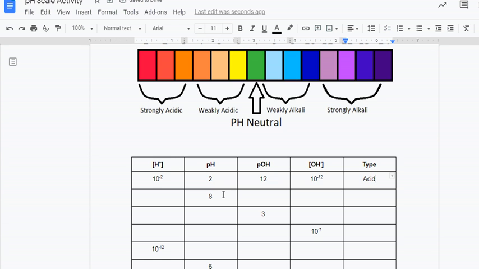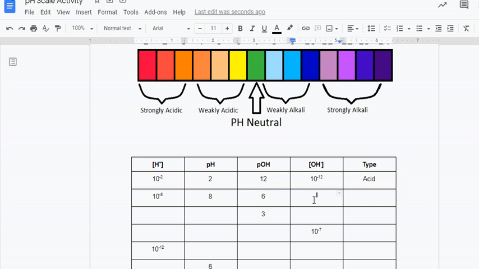Let's try the next one here. A pH of 8. Well, that means my pOH has to be 6. 8 plus 6 is 14. To get my hydrogen ion concentration now, I'm just going to go 10 to the minus 8. So you notice how that 8 goes there, but I've got to make it negative.